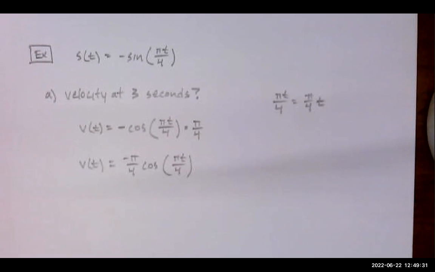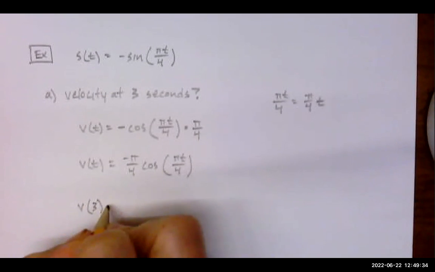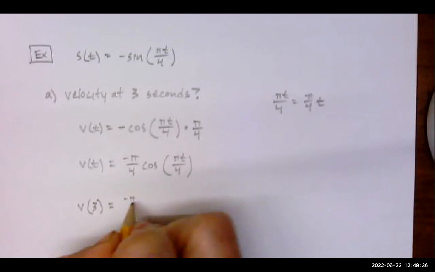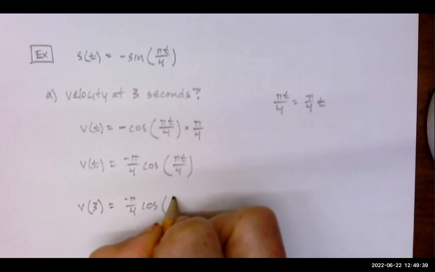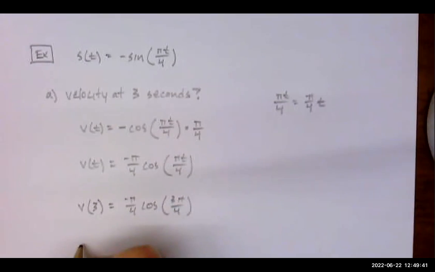If we want the velocity at 3 seconds, we'll plug in 3: negative pi over 4 cosine 3 pi over 4, in radians. Let me answer with pi's in it so I don't have to round.